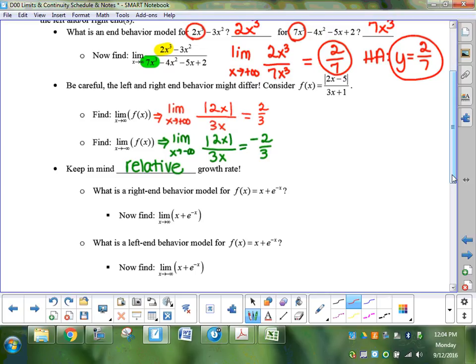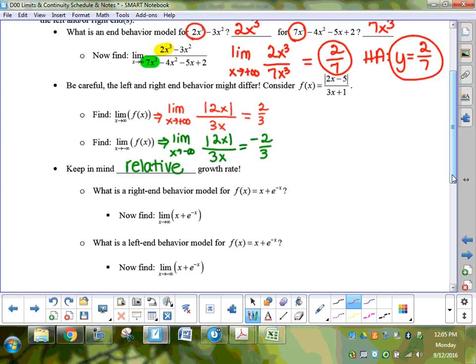Which one of those is going to govern things more? I'm going to say the thing I'm most concerned about in terms of what's growing fastest is this right here, e to the negative x, because that's going to govern our behavior as we go across.